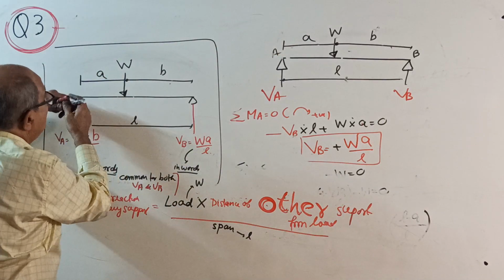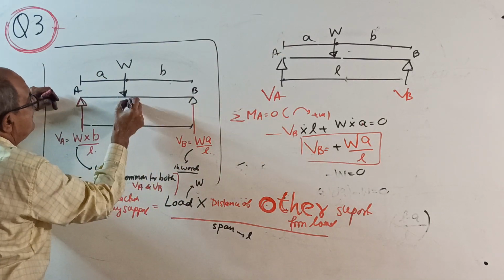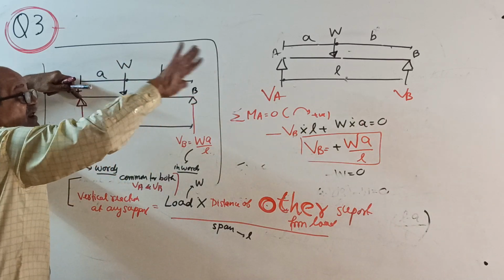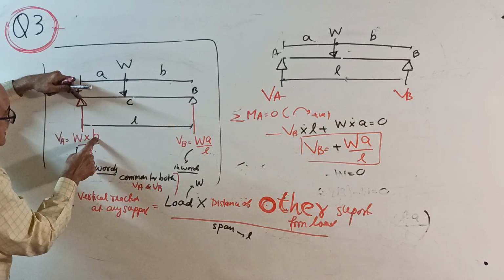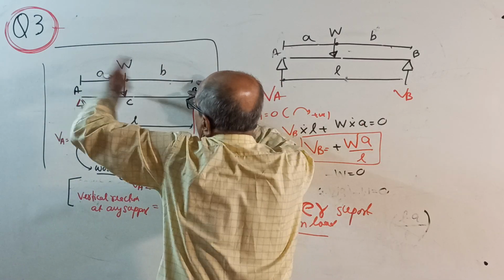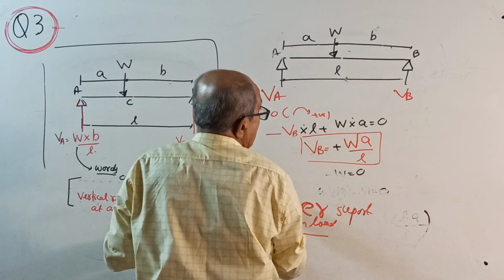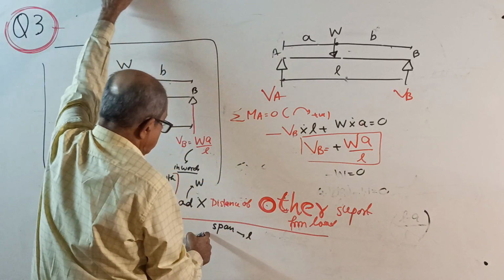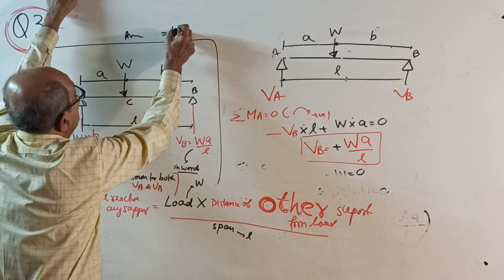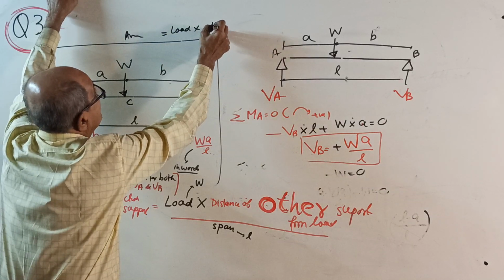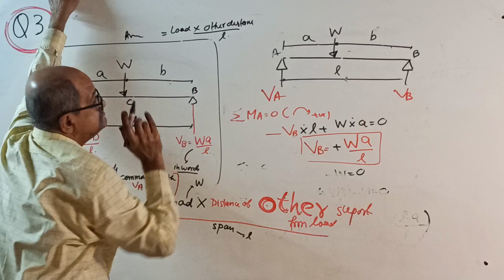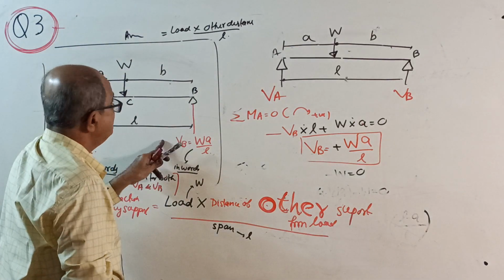See, for VA, if I say A here and B here, this is C. This reaction equals W into the other, which is B, divided by L. This reaction is load W into the other side, A, divided by L. Or instead of wasting so much time, you can simply write: any reaction equals load into, remember, the other distance by span L. Okay, now this is the result we got.